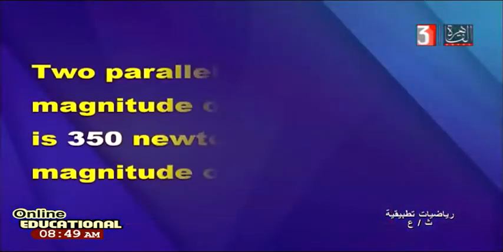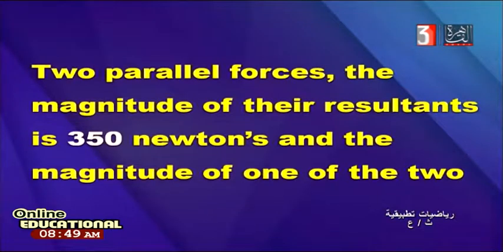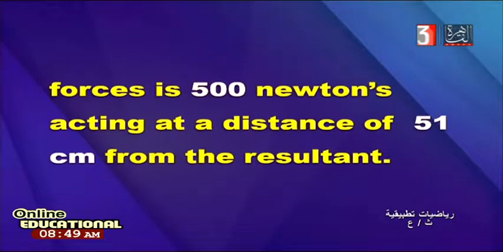Now we translate to another example. Two parallel forces, the magnitude of their resultant is 350 Newton, and the magnitude of one of the two forces is 500 Newton, acting at a distance of 51 centimeter from the resultant.